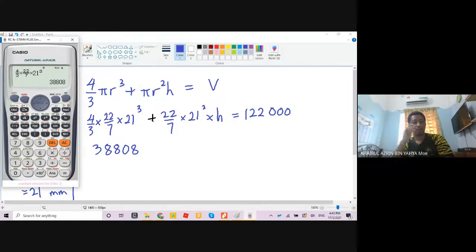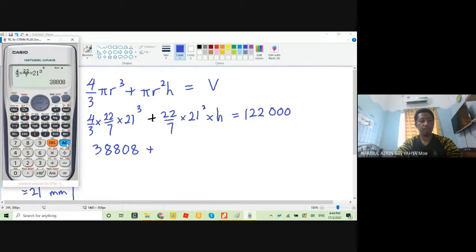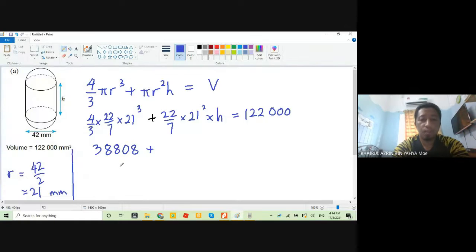Double check. 38808, okay, correct. So plus 22 over 7 times 21 square, pi r square, times h, we don't know. So only the numbers here, 1386. And don't forget we have h at the back.